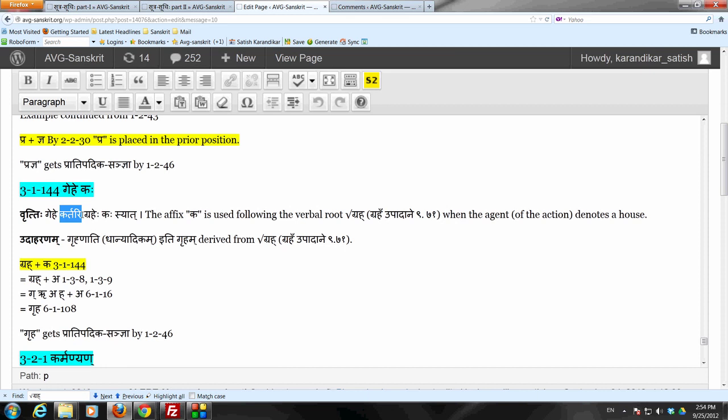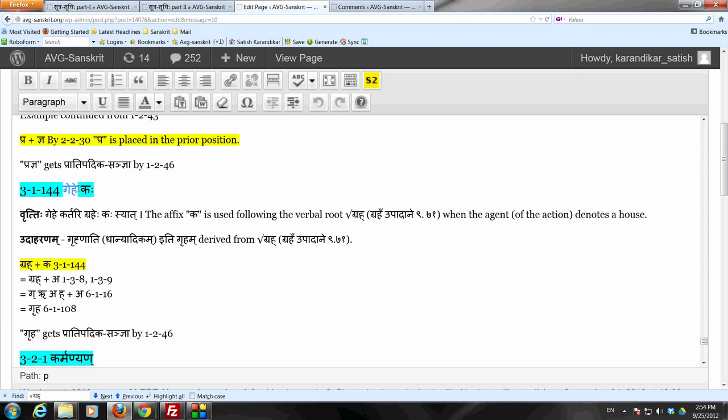So this is the one point to note, which we had already discussed when we looked at 3.1.92, but here's an example of that, where this gehe is not a technical saptami in the sense of referring to upapadam. It is just an arthanirdesha. It says in the meaning. So when the agent is a house, it doesn't mean that gehe has to be in upapadam.